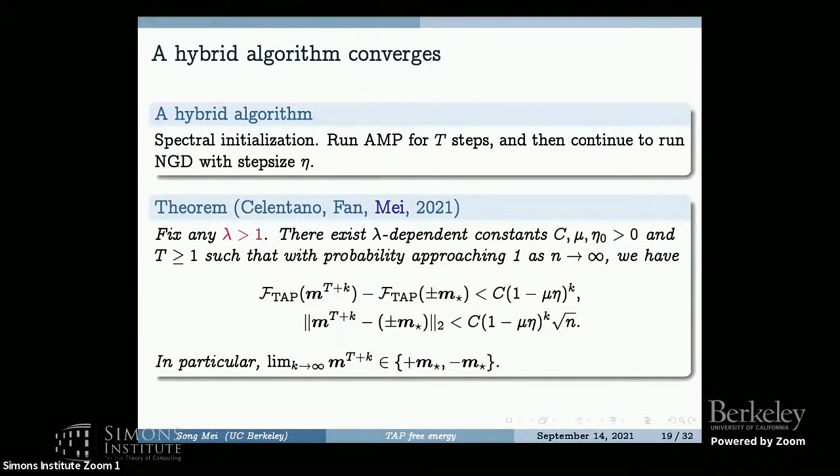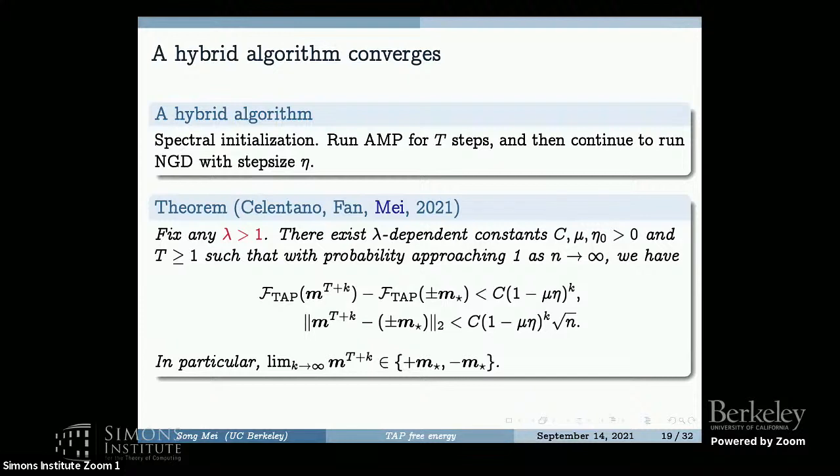Okay, so first result, we can show that a hybrid algorithm will converge to a minimizer M star. The M star is the global minimizer of the type free energy. So the algorithm is that first we need to do spectral initialization. This is unavoidable because of the symmetry. We need to run AMP for T steps. This T is constant but large so that it drives you to the local neighborhood. And then we continue to run natural gradient descent with step size eta.